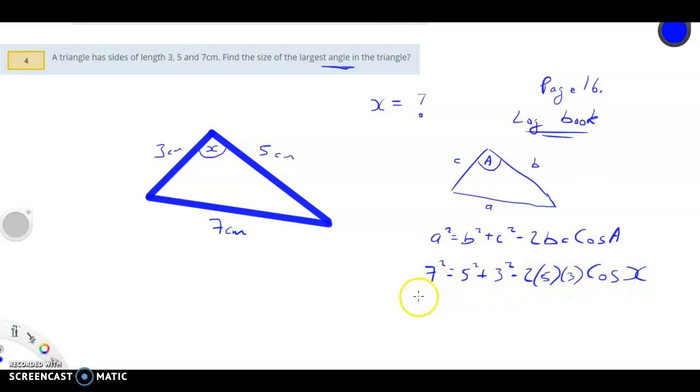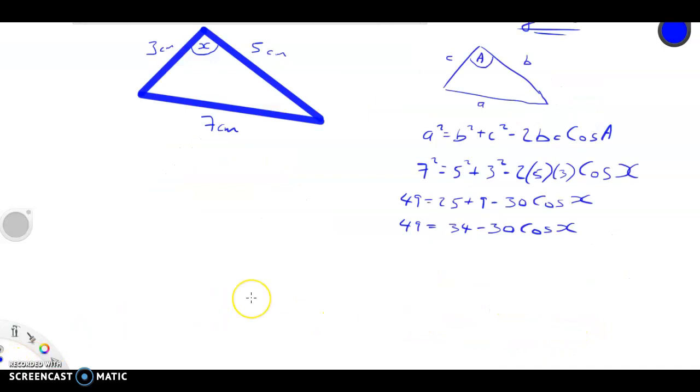So tidying that up a little bit, we have 49 equals 25 plus 9. 5 times 3 is 15, and 2 of them is going to be 30, minus 30 times cos X. Right, so 49 equals 34 minus 30 times cosine of X. And I just move things up there to give a bit of space.